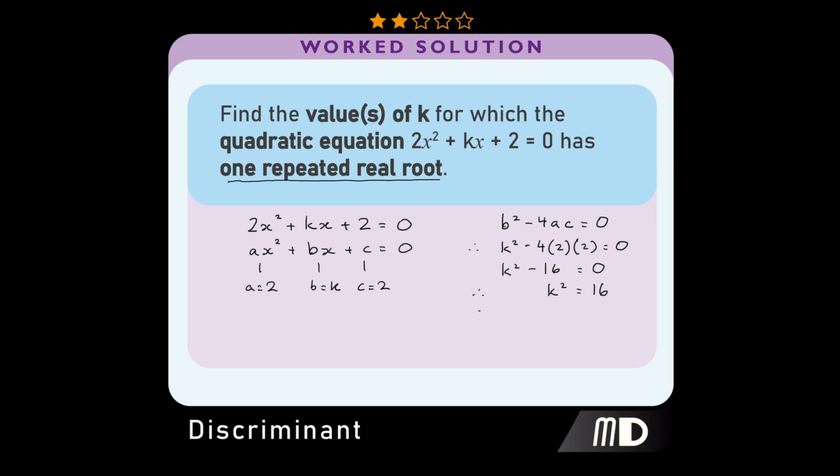Therefore, k is equal to the square root of 16, which is equal to plus or minus 4. So the values of k, and the answer to this question, are equal to plus or minus 4.